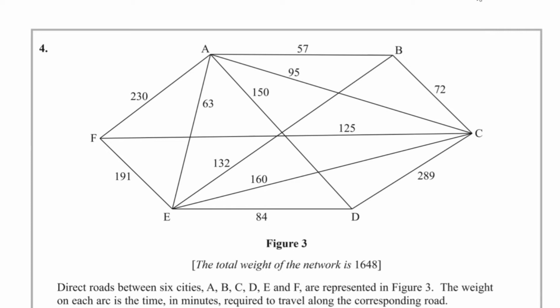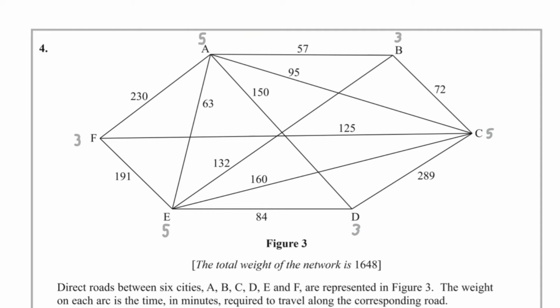If I take a look at the original network, let's state the order of each vertex. We've got 5 for A, 3 for B, 5 for C, 3 for D, 5 for E, and 3 for F. These are our odd vertices.